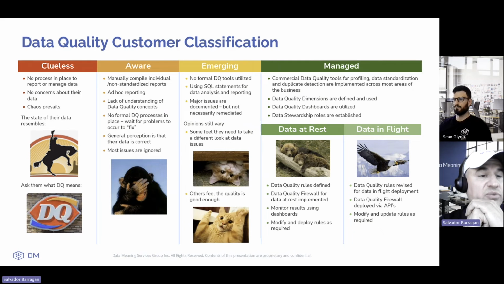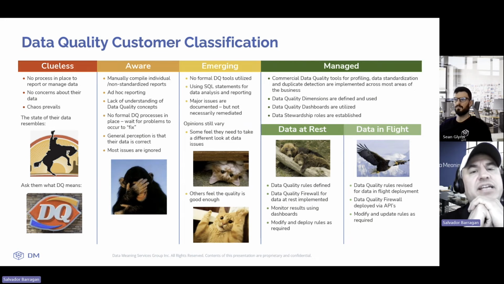A lot of things are manual. There is a perception that the data is correct, which is very common in organizations. Yeah, I think the data is good, but in fact the data probably isn't that good. There is an understanding of what data quality is, but obviously the application of it has a lot to be desired.